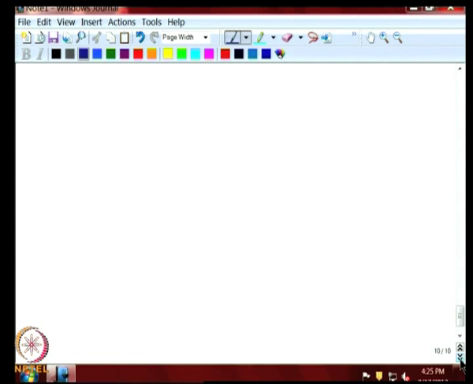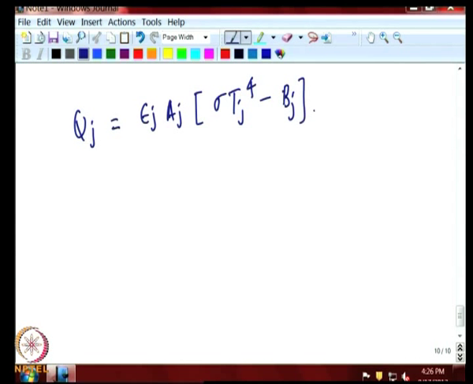So, we get 2 equations now, which is Qj is equal to epsilon j Aj sigma Tj to the power of 4 minus Bj divided by 1 minus epsilon j. So, this relates the heat transfer to the surface temperature and the radiosity.